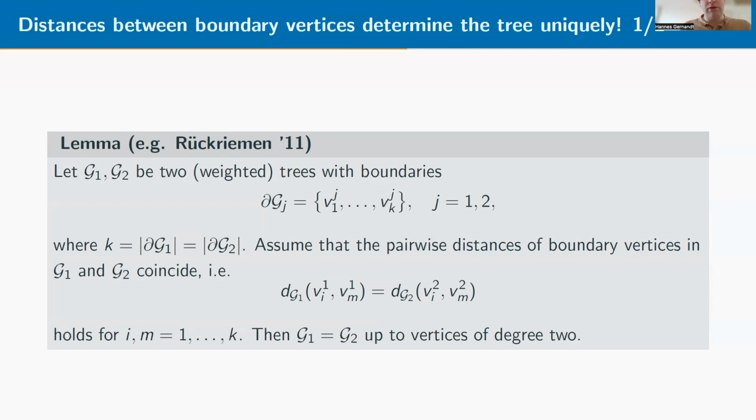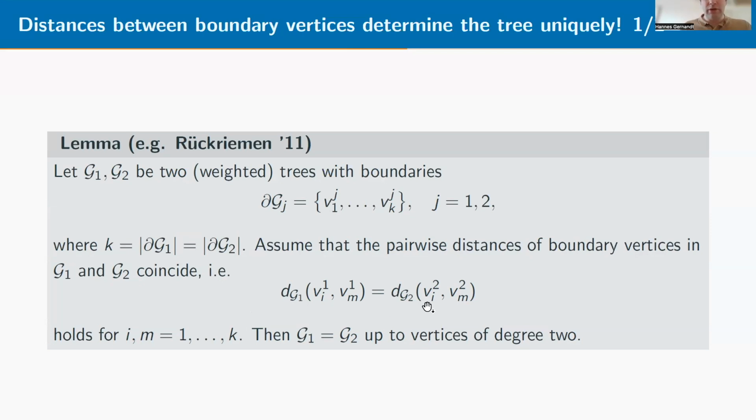So if we consider two weighted trees with certain boundary vertices, they have the same number of boundary vertices, this is assumed. And we also assume that the pairwise distances between any two boundary vertices of the graphs coincide. Then one can show that G1 and G2, the two graphs, coincide up to vertices of degree 2.